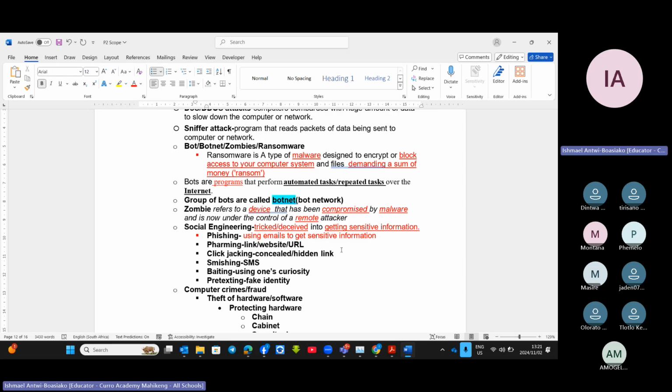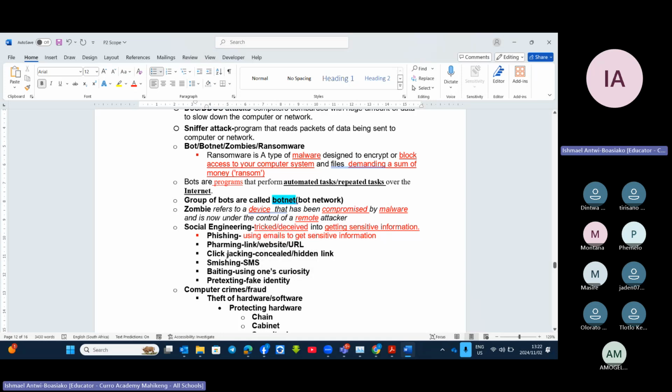Right. And then the next one is clickjacking. When we talk about clickjacking, we are talking about a concealed link, or a hidden link.